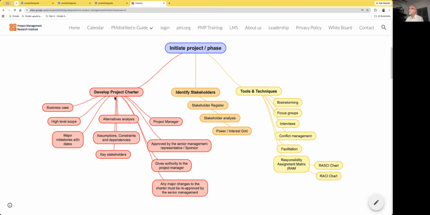Then a good charter will contain alternatives analysis. So before deciding on this project, what are the other alternative projects we considered? And why are we justifying this particular project? Now, if you want a swimming pool to be constructed in your premises, what could be the other alternatives? Why can't you go for a club membership?